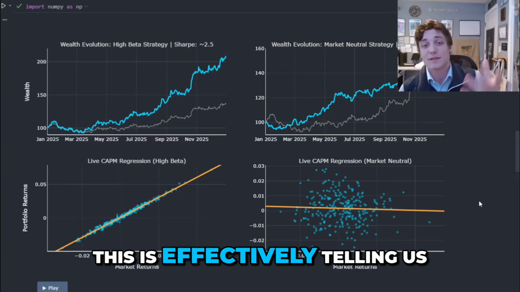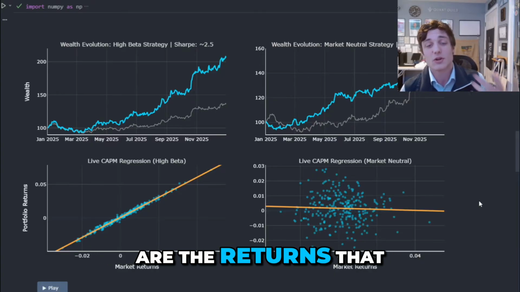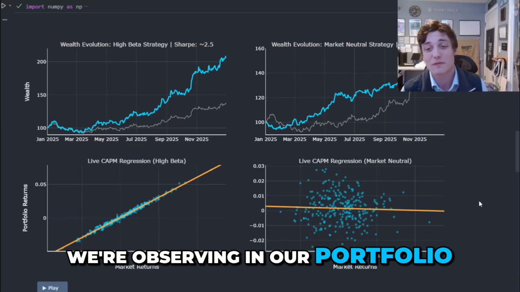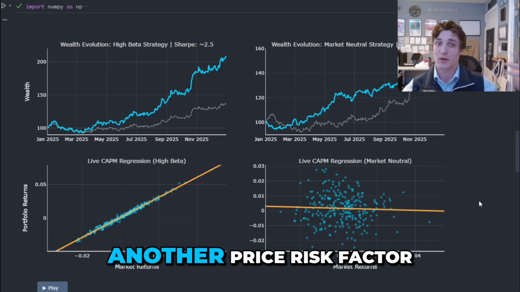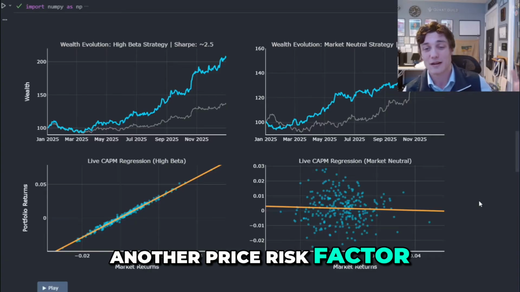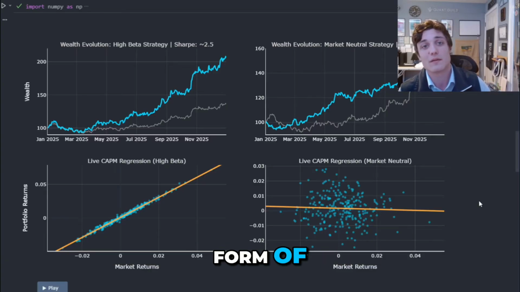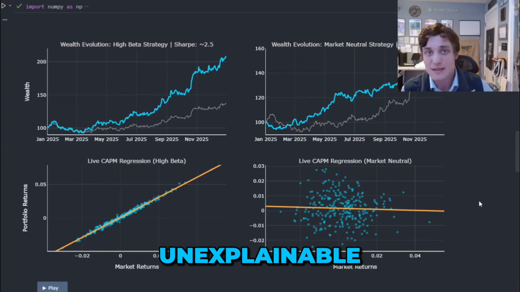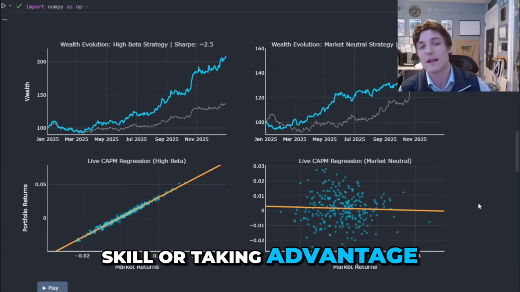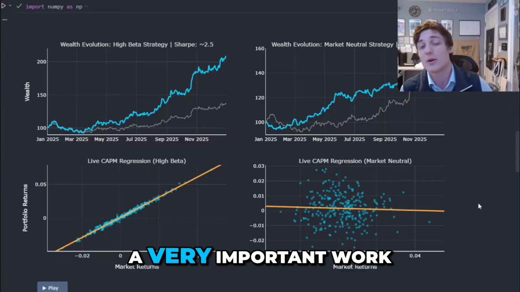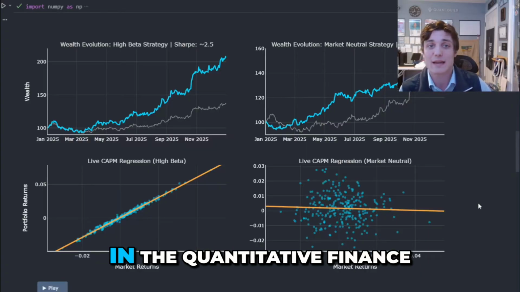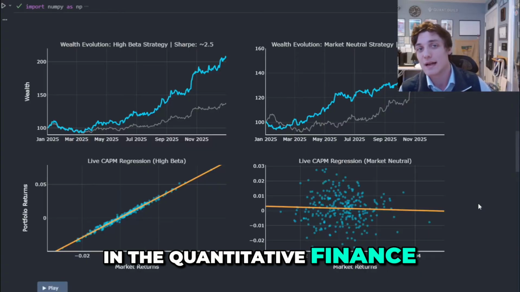This is effectively telling us, are the returns that we're observing in our portfolio a result of exposure to the market or another priced risk factor, or is it some form of unexplainable skill or taking advantage of a structural inefficiency, a mispricing? A very important work in the quantitative finance literature.